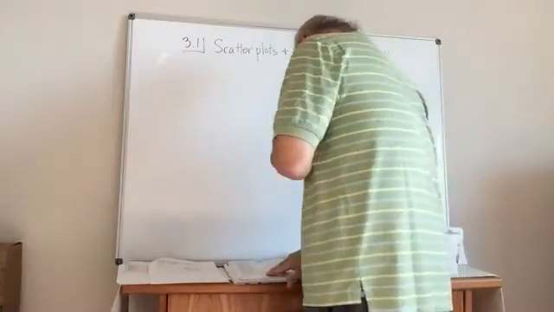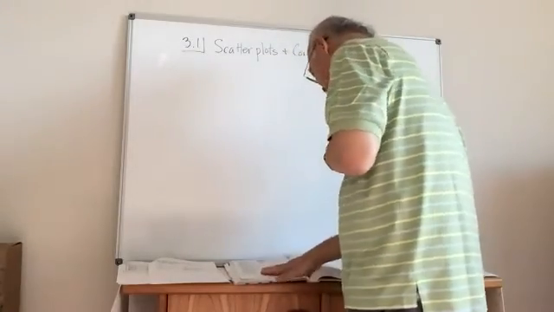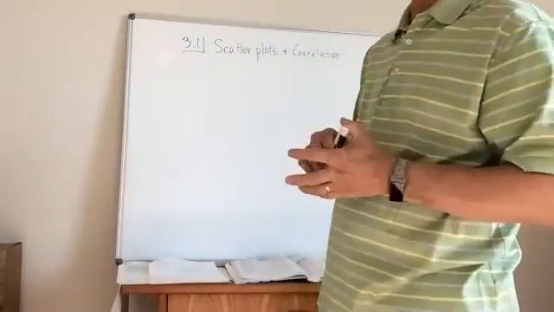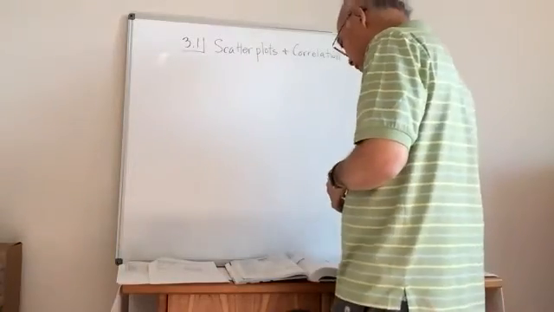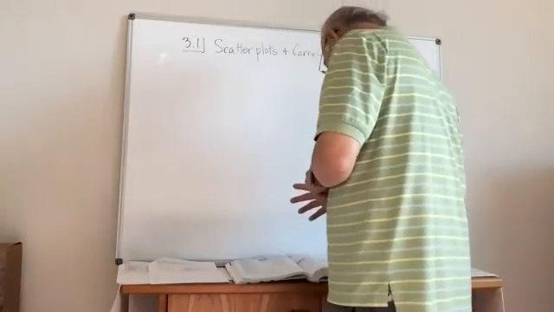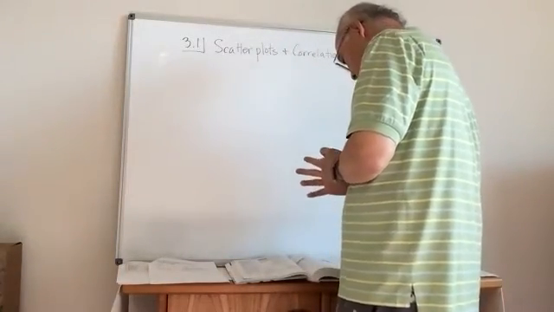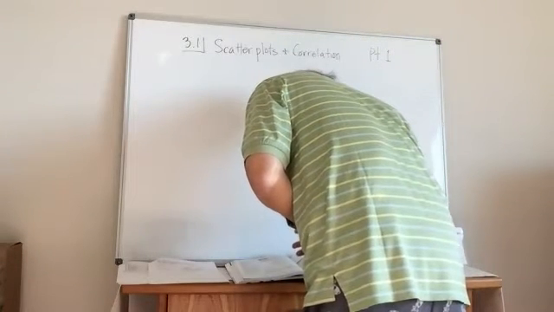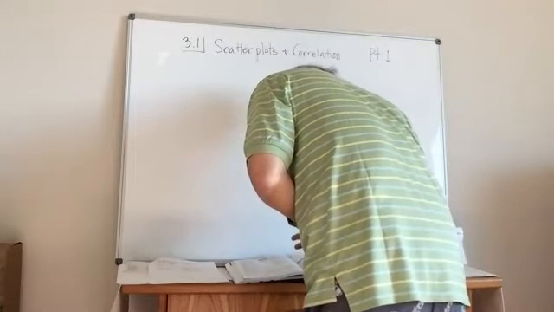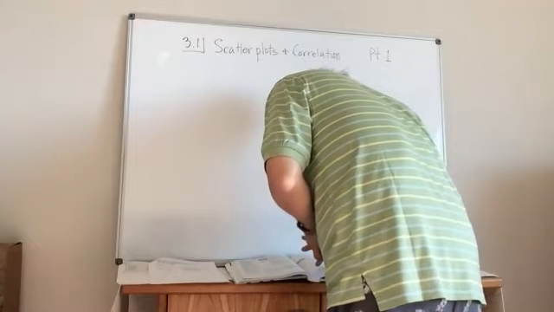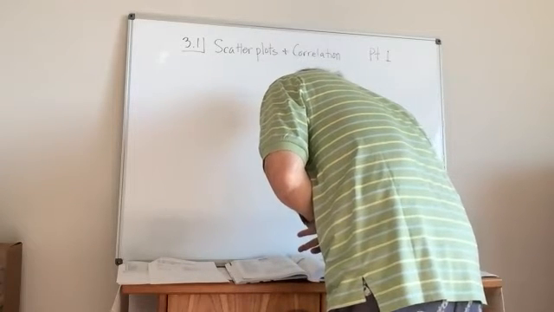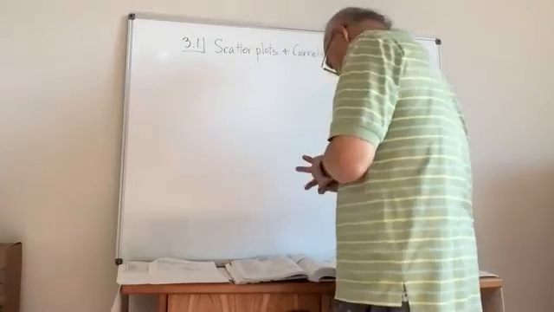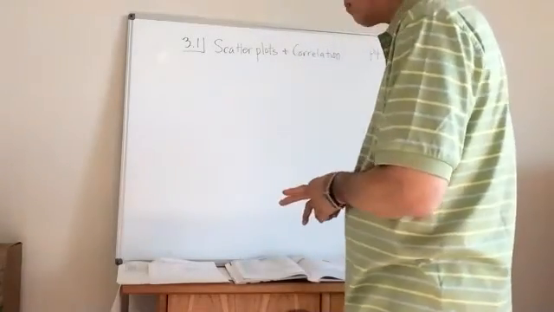Let's move on to scatterplots. In the middle of page 154, there is a definition. Go ahead and read what a scatterplot is. Nothing earth-shattering there; you've done a scatterplot before.